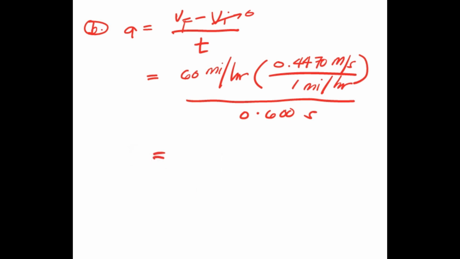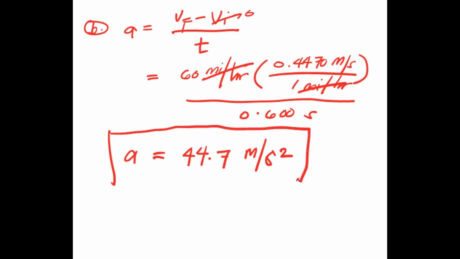Miles per hour cancel. So the acceleration of the race car is approximately 44.7 meters per second squared. This is the acceleration of the top fuel dragster.